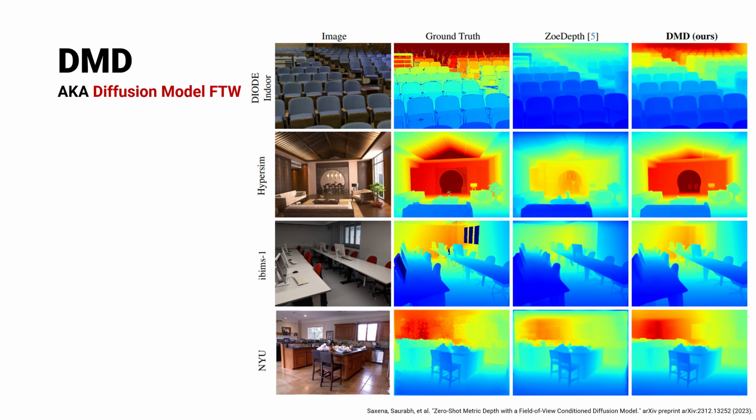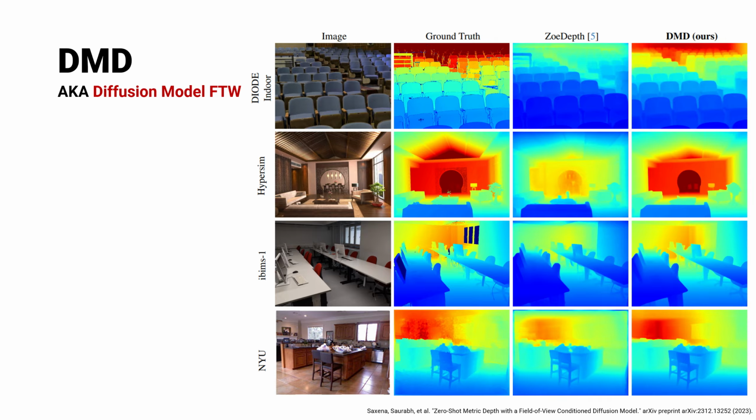The answer is yes. And this is one of the questions researchers from Google and DeepMind have asked. There is this paper called DMD, which is essentially utilizing a diffusion model to generate depth from an input image, right? So as you see, compared to ZoeDepth, which gives us metric depth we saw before, the DMD model, which is the diffusion-based model, gives us metric depth even more accurately compared to the ground truth.